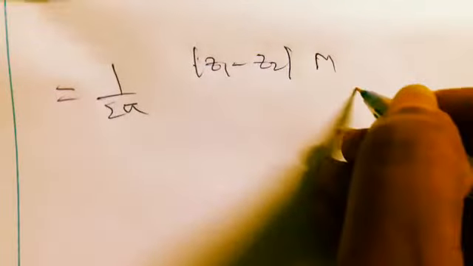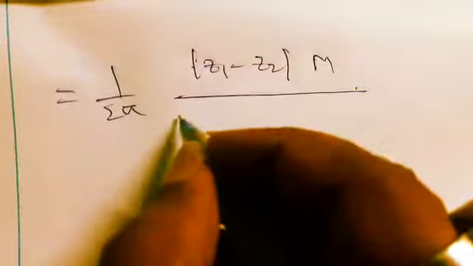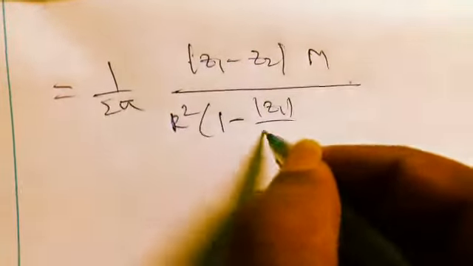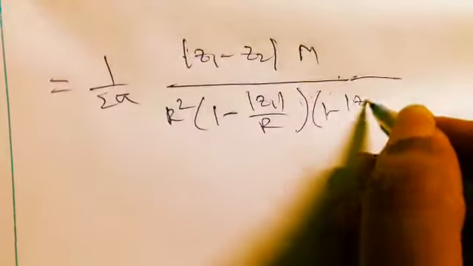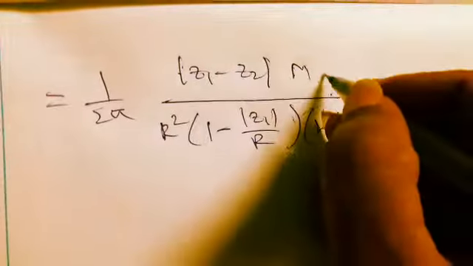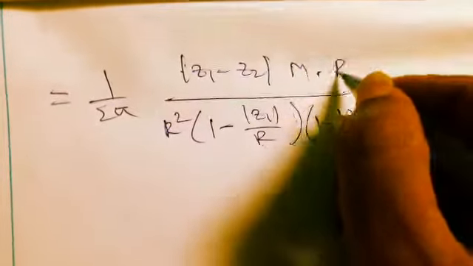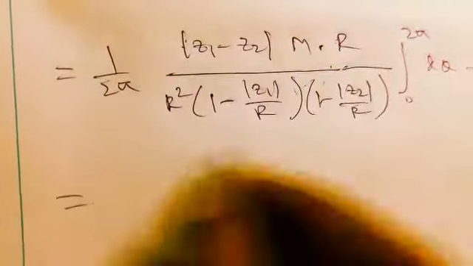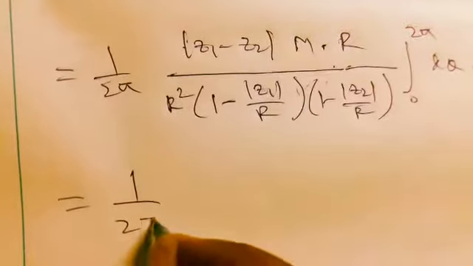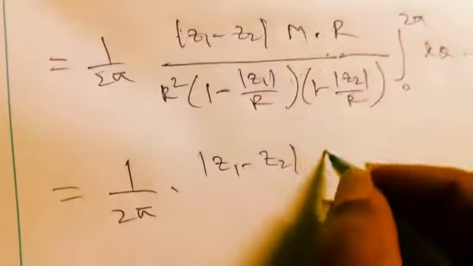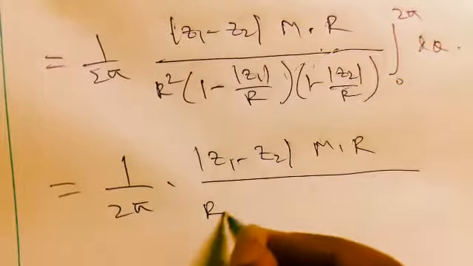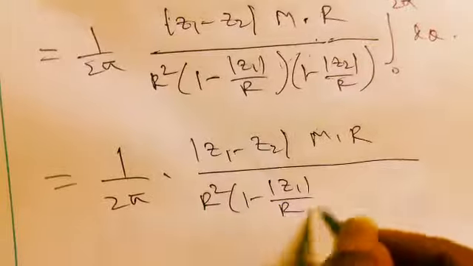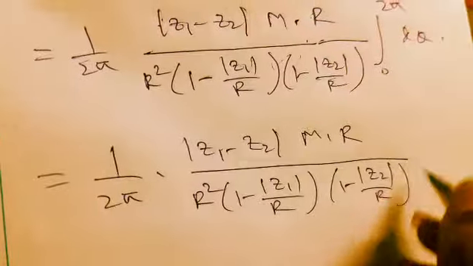Let's see. That will be equal to 1 by 2 pi mod of z1 minus z2 into M, and if we take R common, that is R squared, (1 minus mod of z1 by R) into (1 minus mod of z2 by R), and as R will be outside of the integral, so MR, and the integral is 0 to 2 pi d theta, and using here 2 pi will be the result, so 1 by 2 pi mod of z1 minus z2 into MR divided by R squared, (1 minus mod z1 by R) into (1 minus mod z2 by R) into 2 pi.